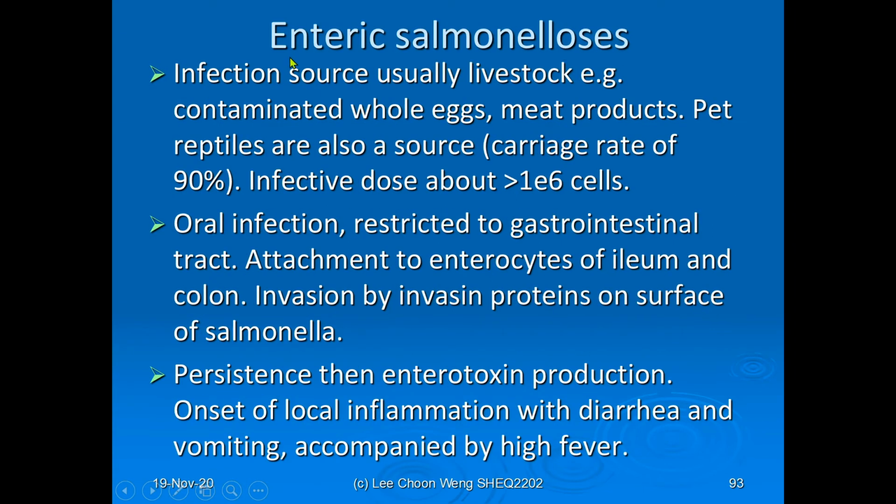For enteric salmonellosis, the infection source is usually livestock, mainly contaminated whole eggs and meat products. Pet reptiles are a source because up to 90% of pet reptiles carry Salmonella, but the infective dose is very high, so if you are careful, you shouldn't be infected by it.